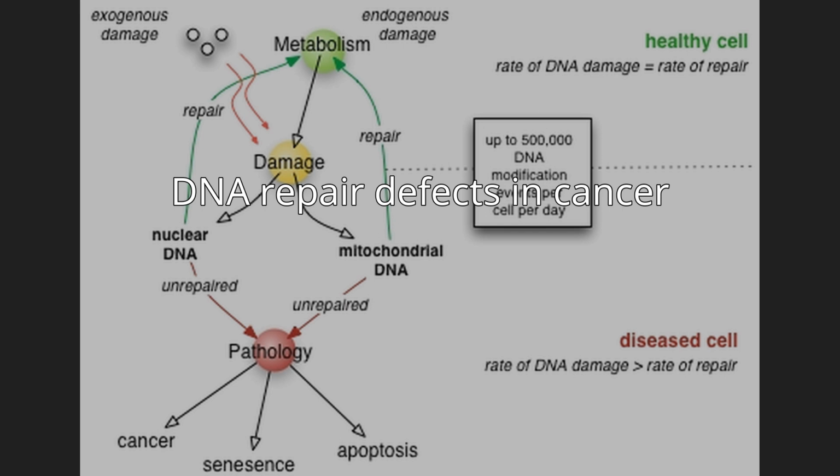Humans born with inherited defects in DNA repair mechanisms, for example, Li-Fraumeni syndrome, have a higher cancer risk. The prevalence of DNA damage response mutations differs across cancer types. For example, 30% of breast-invasive carcinomas have mutations in genes involved in homologous recombination.